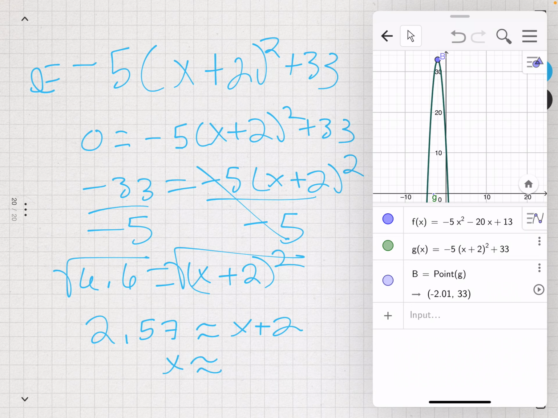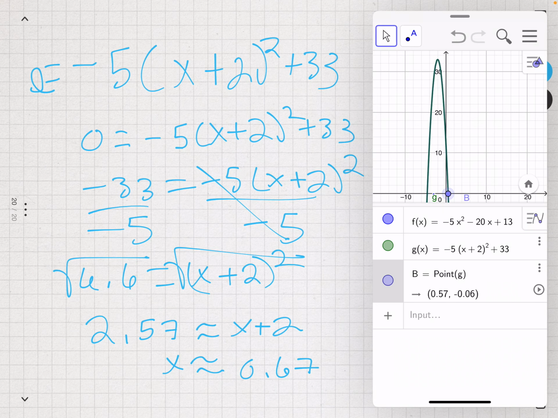So x is about 0.57. And so that means if I drag this point, we should have 0.57, and we do. That is one of our zeros.